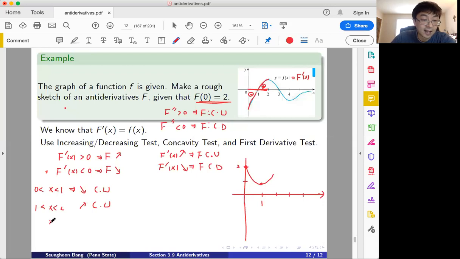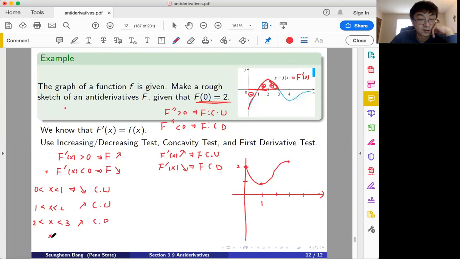Next, x between 2 and 3: f is positive so F is increasing. Concave up or down? Concave down, because f is decreasing. So the graph is increasing and concave down, like this.